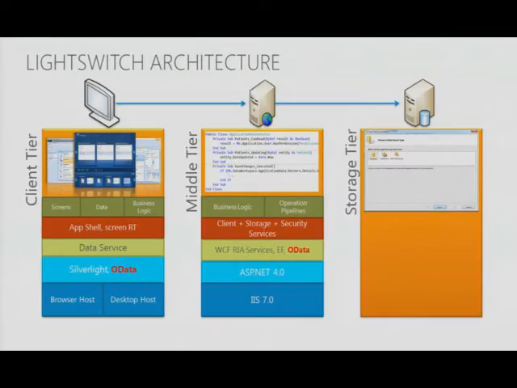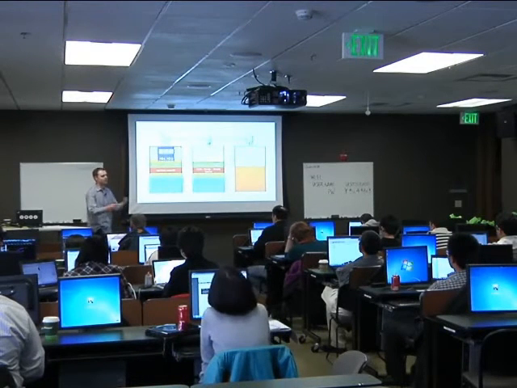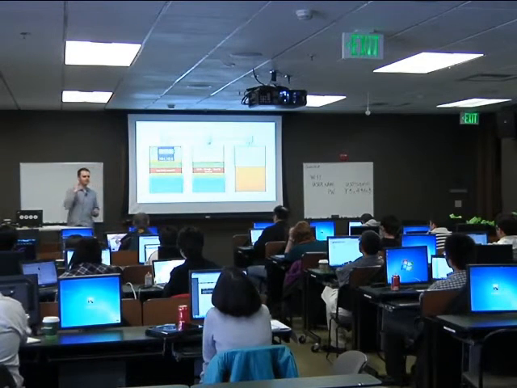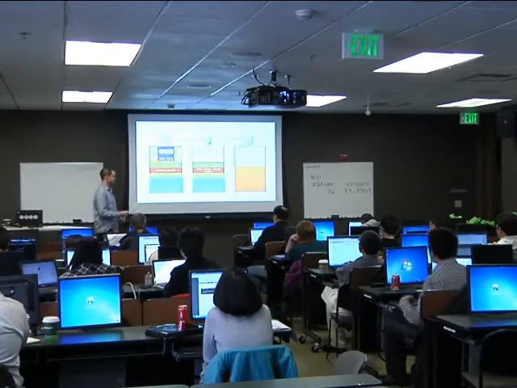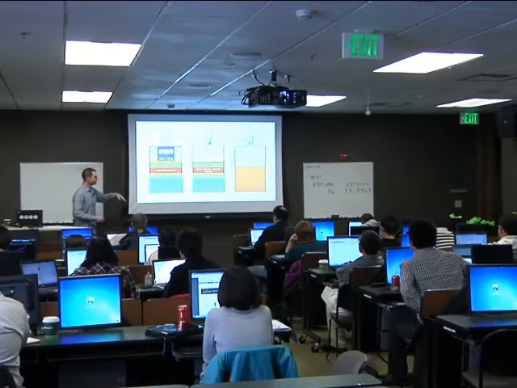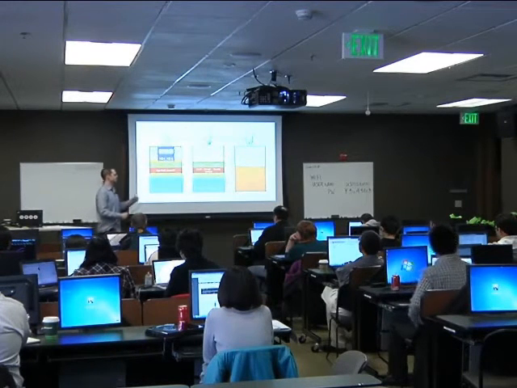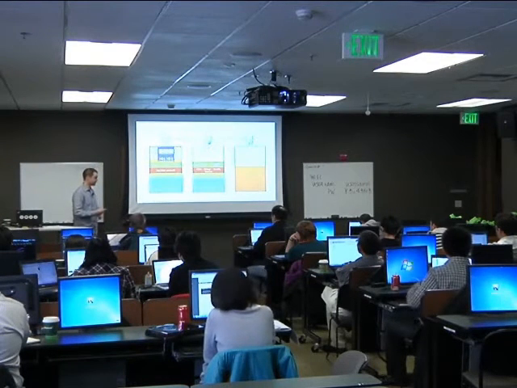A similar picture is on the middle tier where we have business logic and what we call operation pipelines. And the pipelines are the query pipeline or the update pipeline. That sits on top of OData, currently Entity Framework for database access.